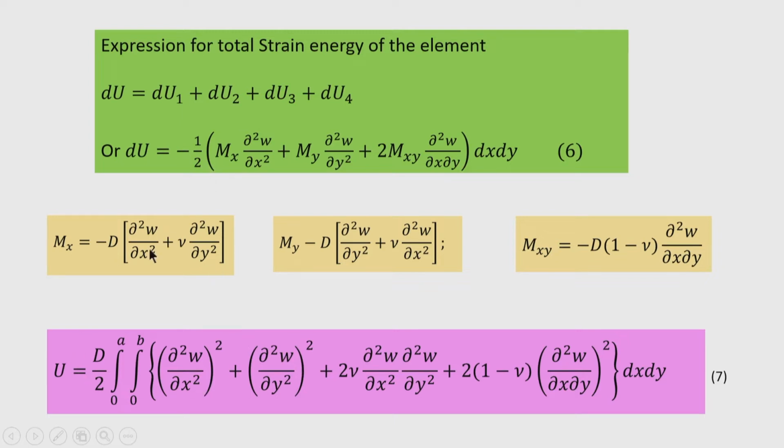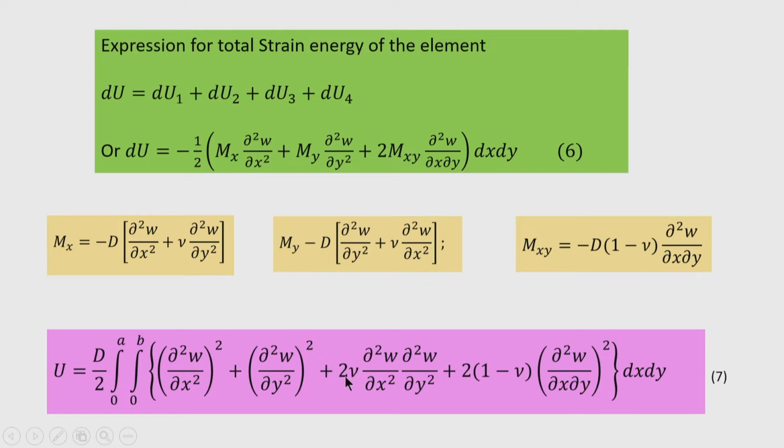Here the first term is the curvature in the x direction, squared. Then the second term is the curvature in the y direction, also squared.